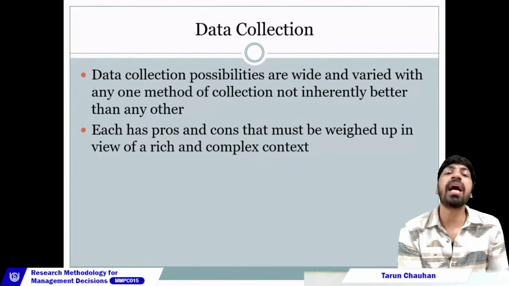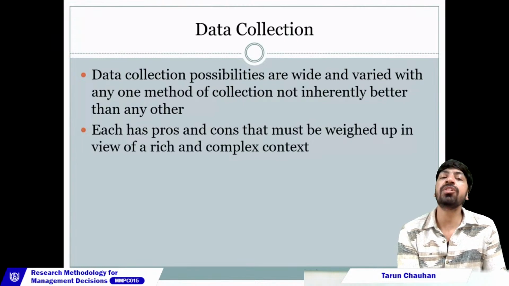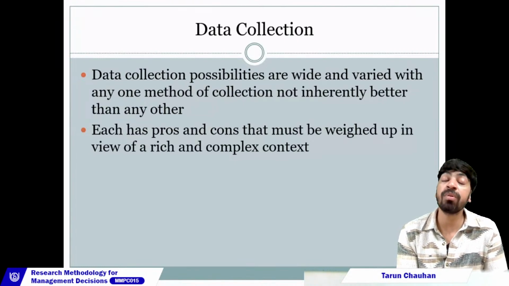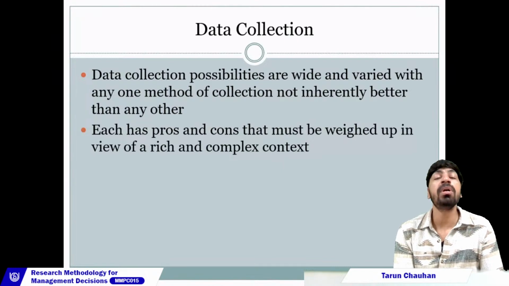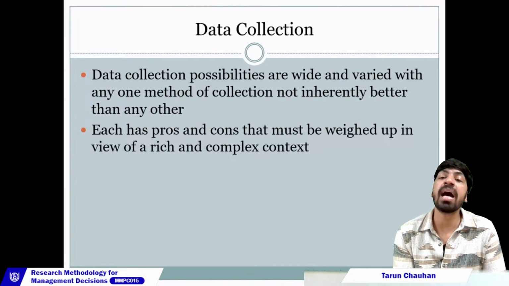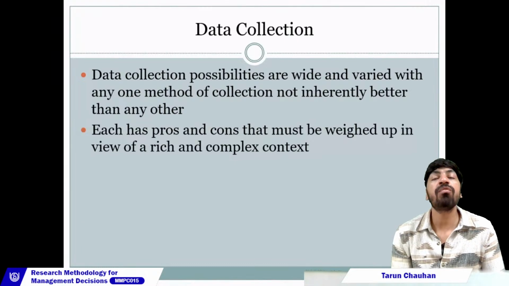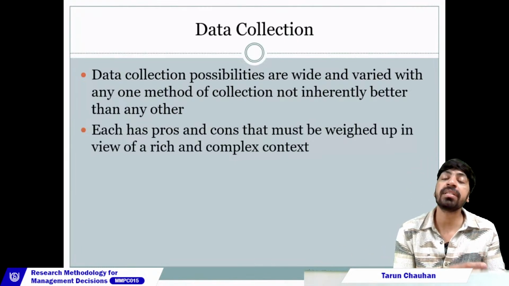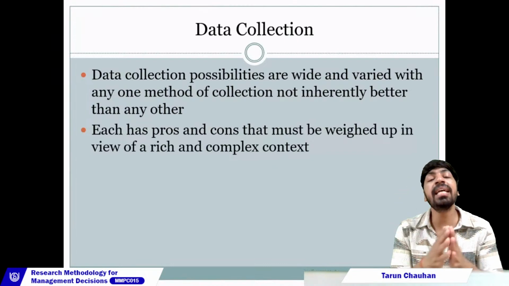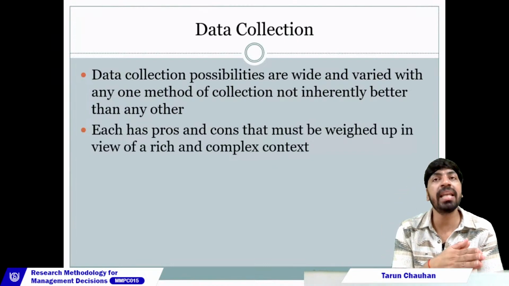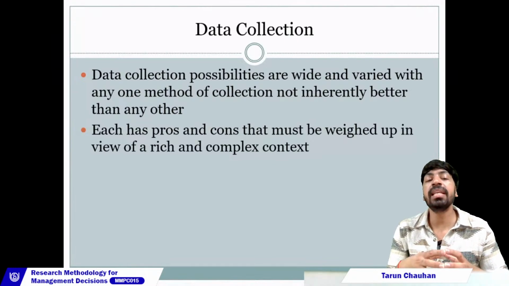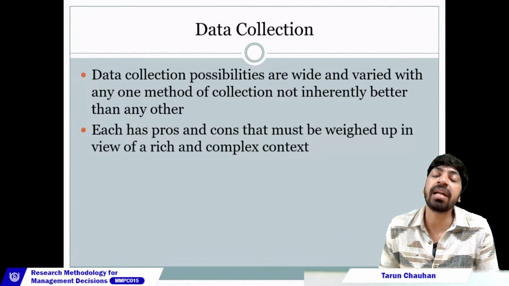Let's talk about data collection. Data collection is a very wide process, and a researcher has to decide on a method of collection for their own research study. But sometimes the researcher does not select exactly one method; instead, they select multiple methods of data collection.